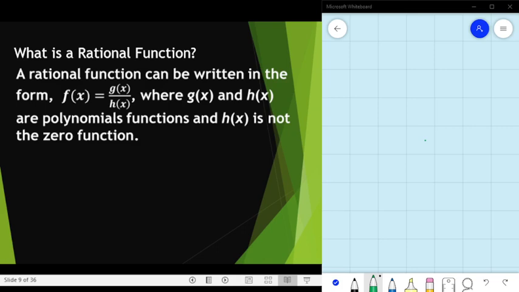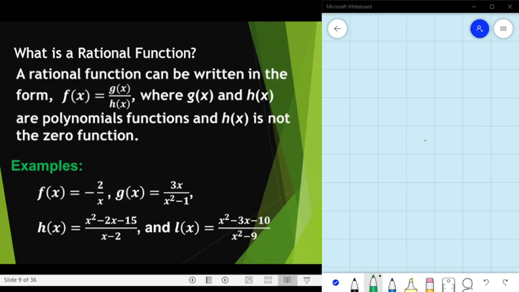So that means the denominator must not be zero. The g of x in the numerator can be zero, but h of x must not be equal to 0.